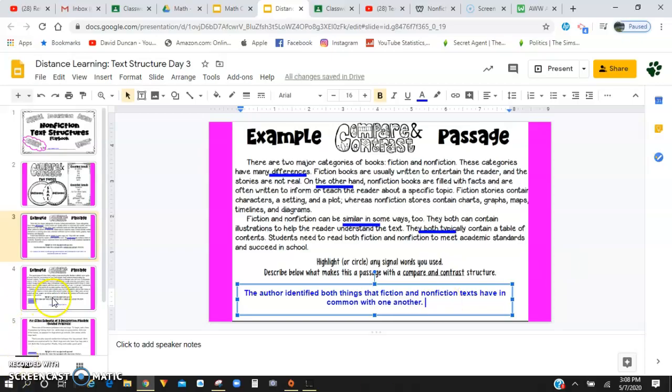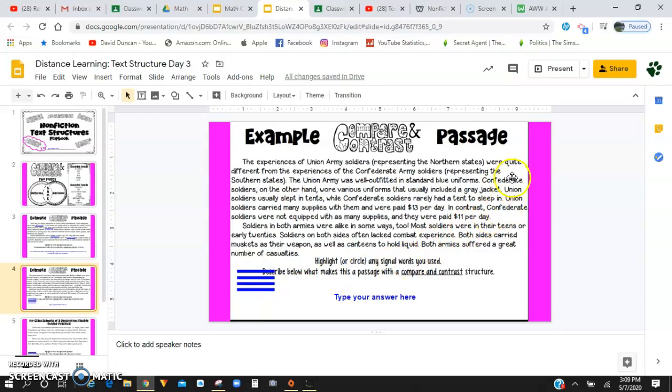Okay? On this slide, I would like you to read this passage, and I'd like you to identify at least 4 signal words for compare and contrast, and then write down what makes it a compare and contrast structure.